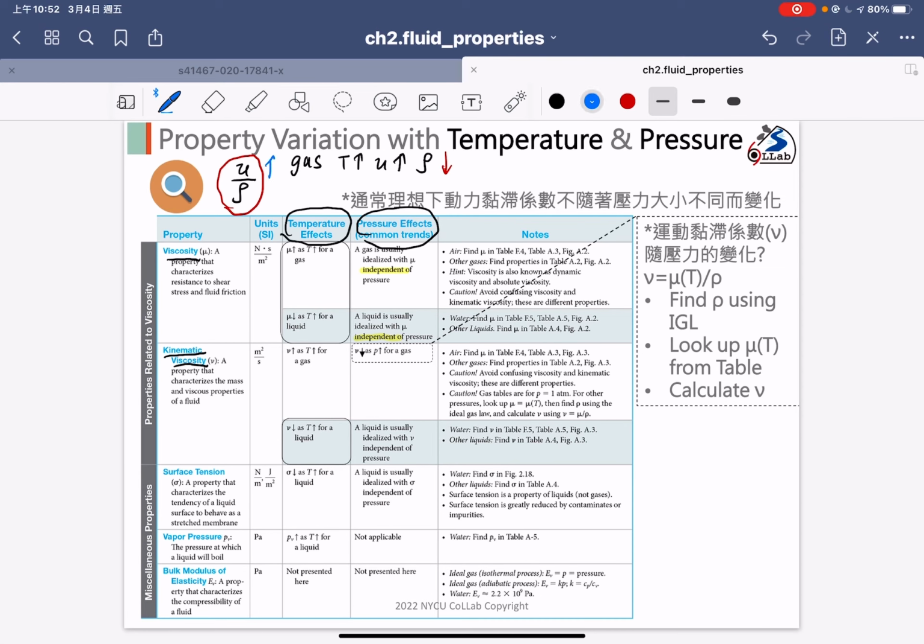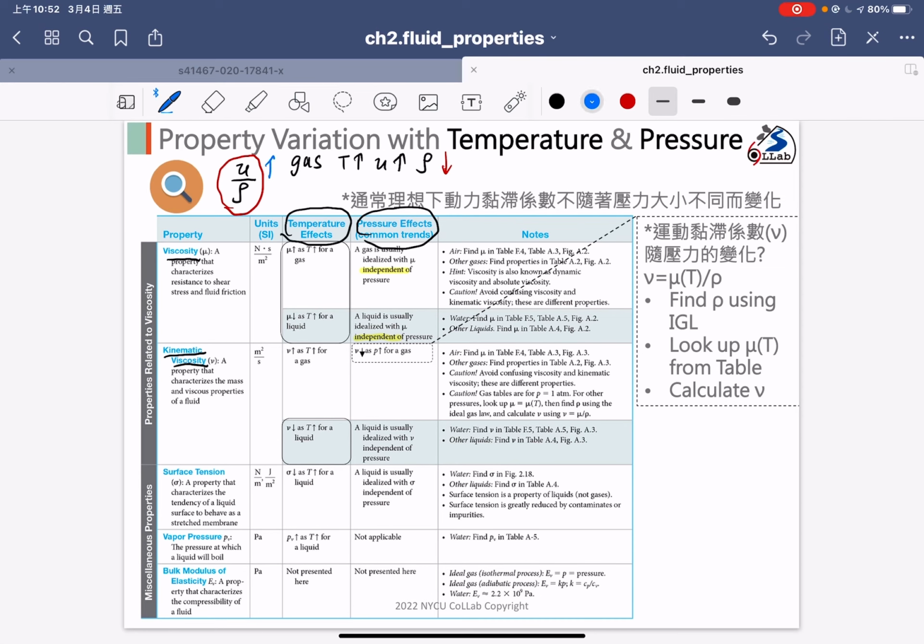But for the liquid, when the temperature increases, the rho also decreases. So we cannot figure out whether the kinematic viscosity increases or decreases, right? But for that part, you need to keep in mind it will decrease.